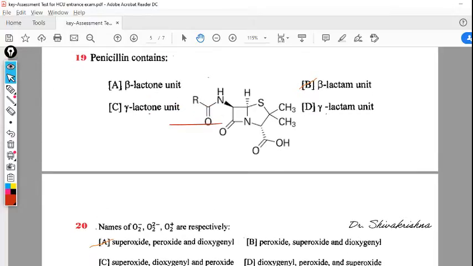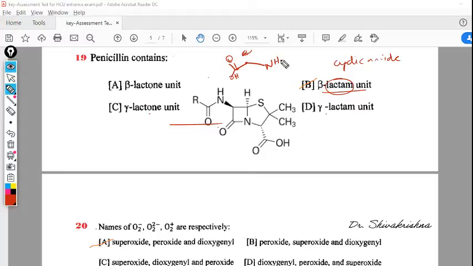Penicillin is an antibiotic, and it has a beta lactam. What is meant by lactam? Cyclic amides are said to be lactams. This is a carboxylic acid, and the carbon next to the carboxylic acid is said to be alpha.